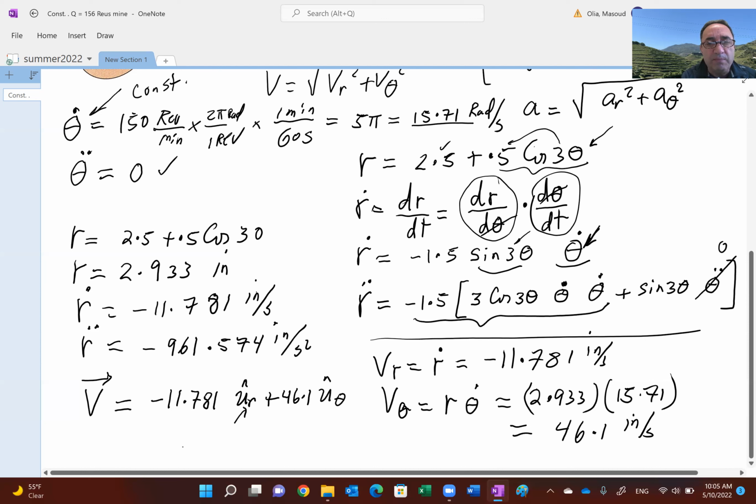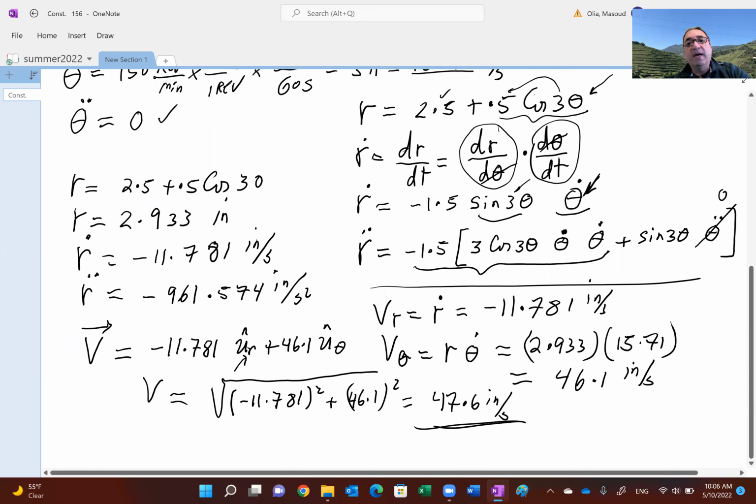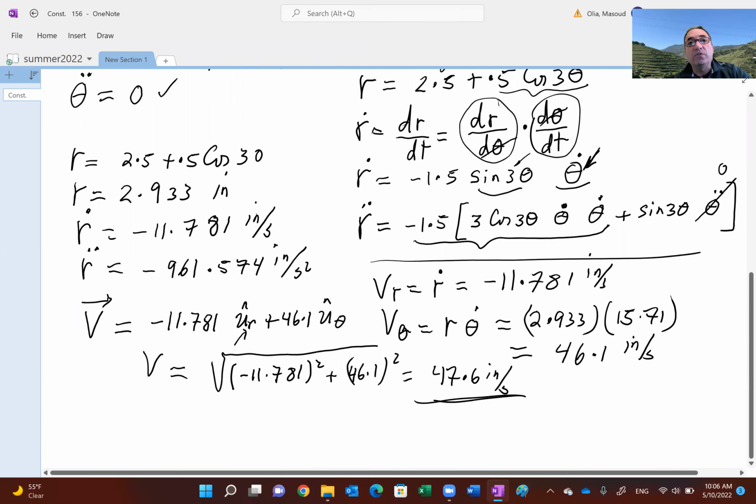But anyways, the magnitude, as I showed you earlier, is the square root of the sum of the components squared. So minus 11.781 squared plus 46.1 squared. This happens to be 47.6 inches per second. So that's the magnitude of velocity of that follower at theta equal 10 degrees.